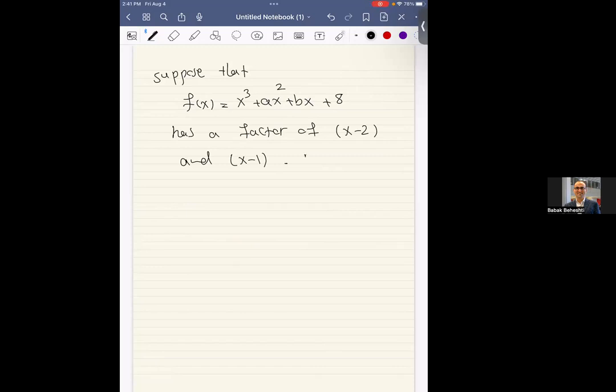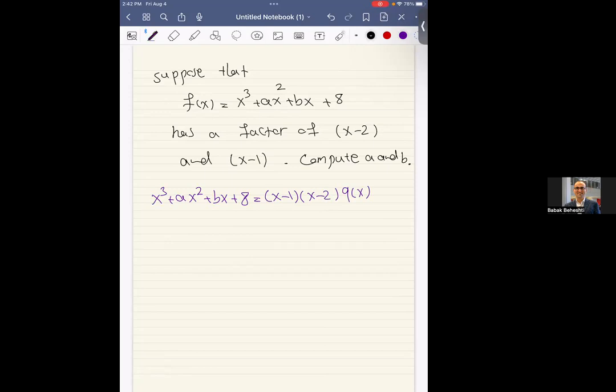Then compute a and b. Because we know two factors here, we have two equations and two unknowns, a and b. So x cubed plus ax squared plus bx plus 8 is equal to x minus 1 times x minus 2 times something we don't know, let's say q of x. The remainder is 0.